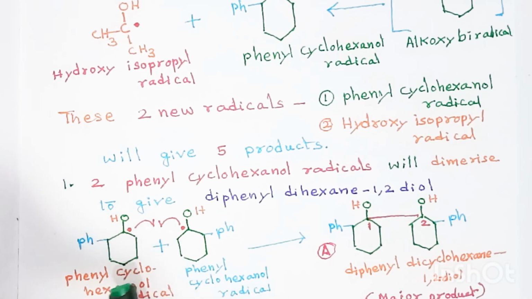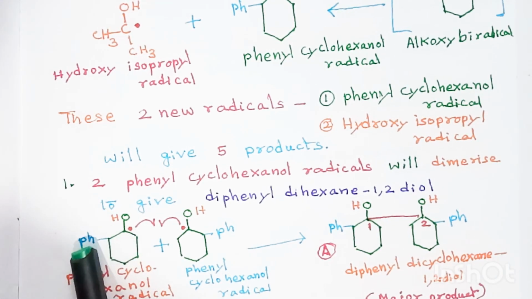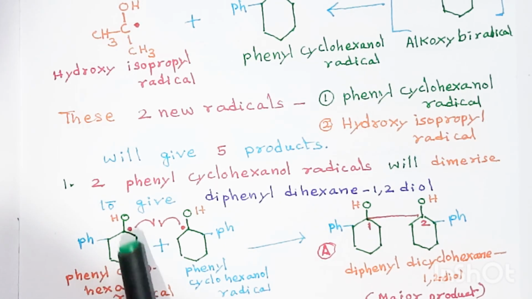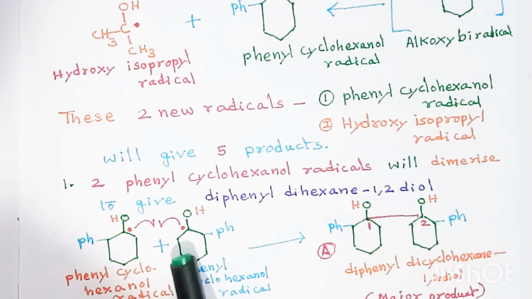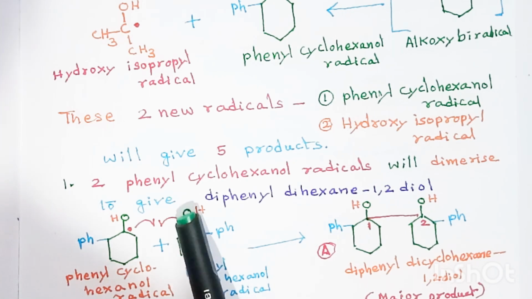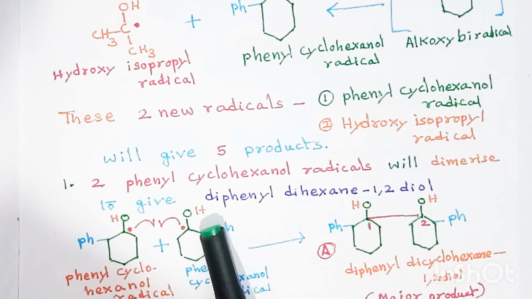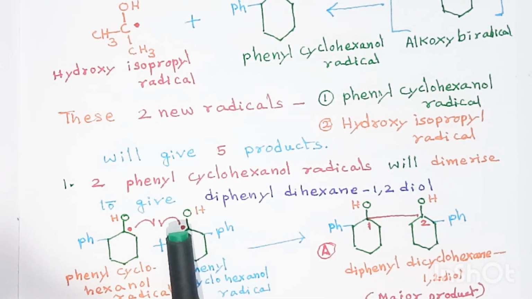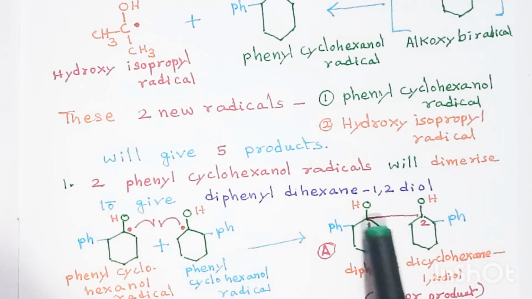Let's see the reaction. This is phenyl cyclohexanol radical. This is the phenyl group. This is cyclohexanol radical. It will combine with another phenyl cyclohexanol radical. This is the phenyl group. This is cyclohexanol, because OH is present.